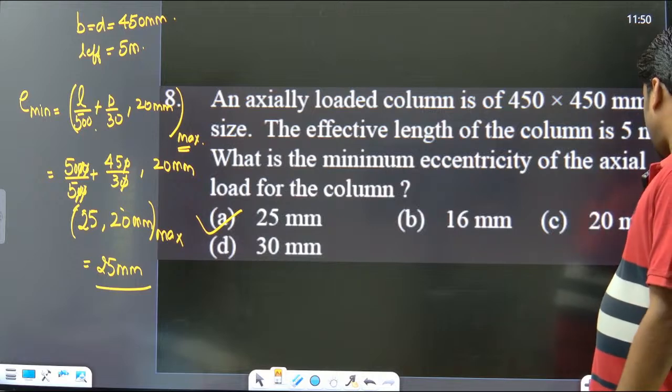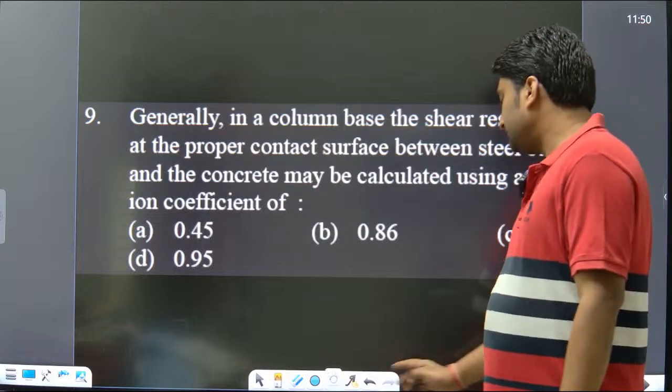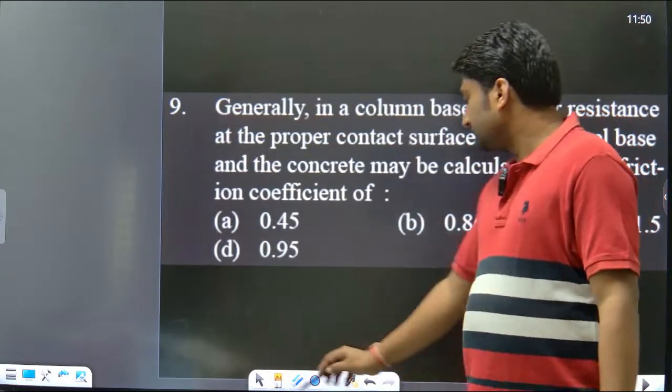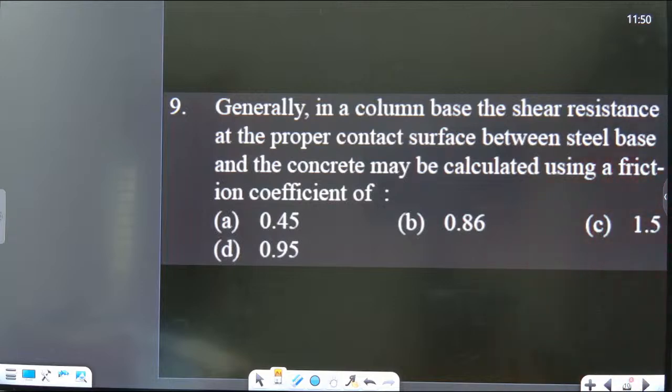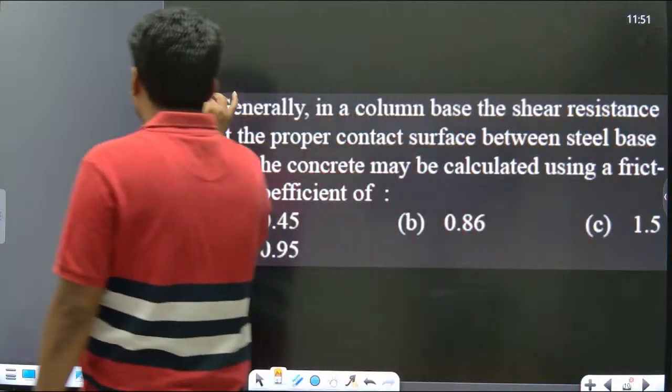Now moving ahead. Solve this question. This is a question of steel structure.